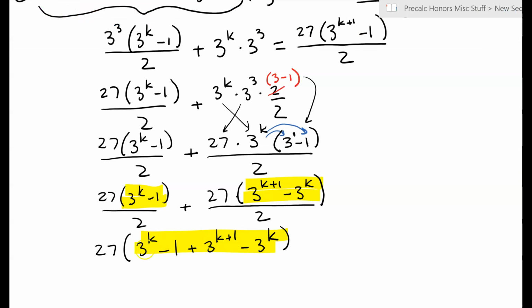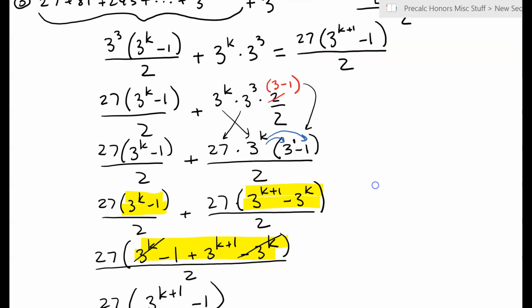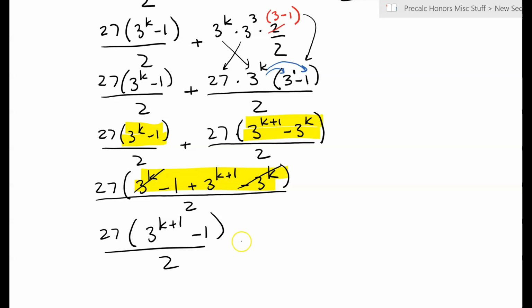And you can see I have 3 to the k and minus 3 to the k, and this is all over 2. And we're left with 27 times 3 to the k plus 1 minus 1 over 2, which is what we had up here, is equal to 27 times 3 to the k plus 1 minus 1 over 2.